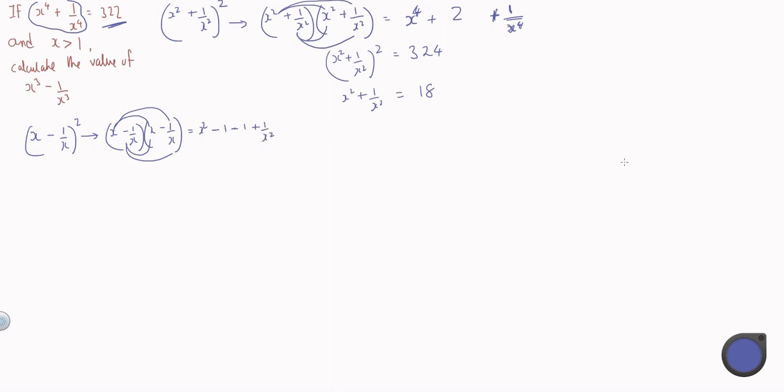Obviously, minus 1 take away 1, you can simplify that to minus 2.